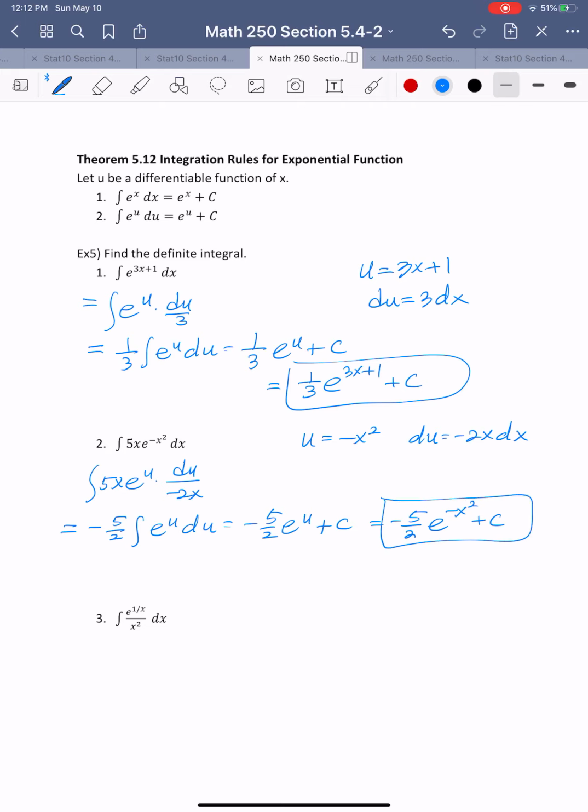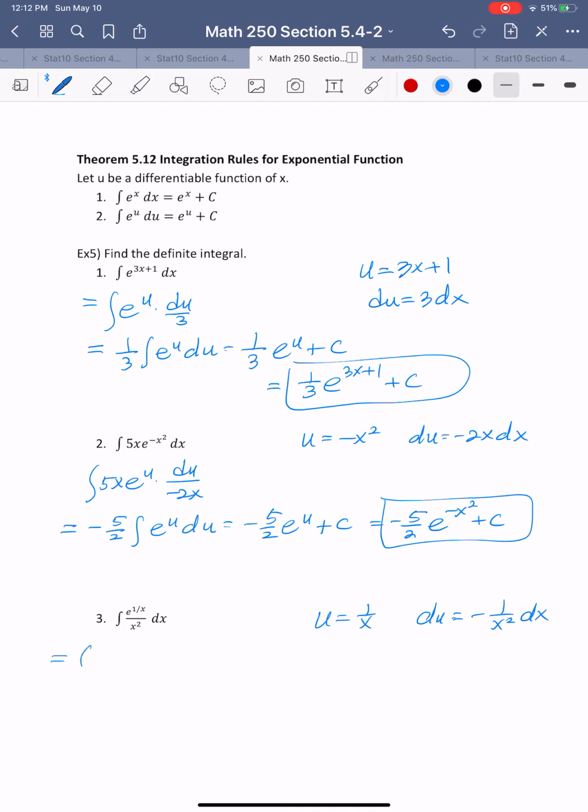Alright, number 3. Now I want to say u is 1 over x, and then du is negative 1 over x squared dx.